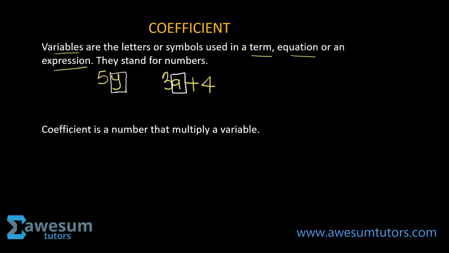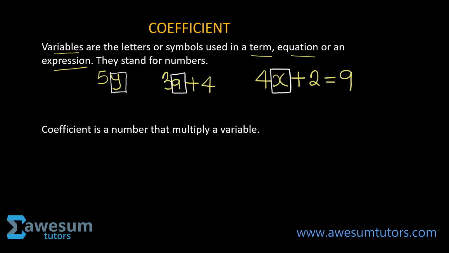Take a look at this equation: 4x plus 2 equals 9. Which one is the variable right here? If you take a look, the letter is x. X is our variable.